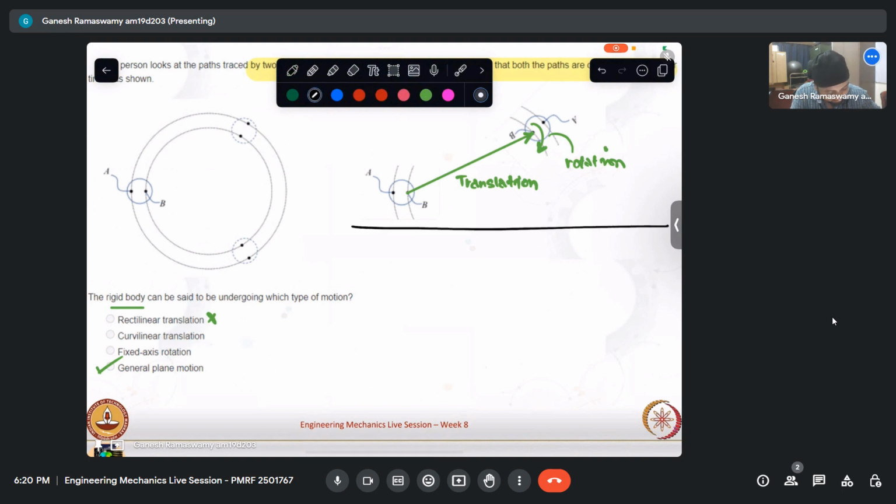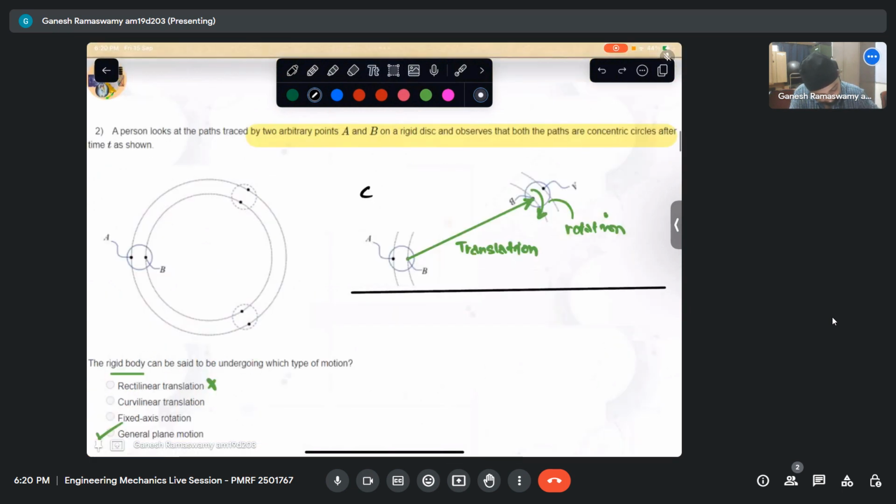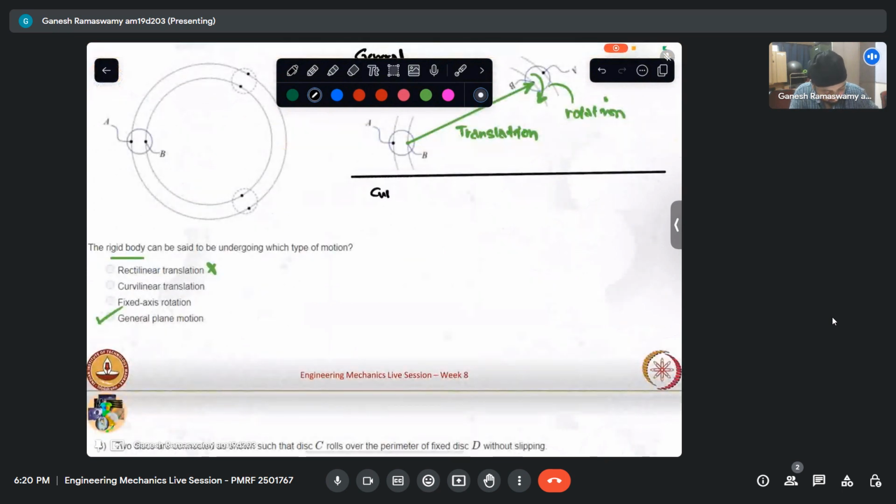This is what is actually happening. This is general plane motion. So this is general plane motion. Now let us see how curvilinear would have looked.